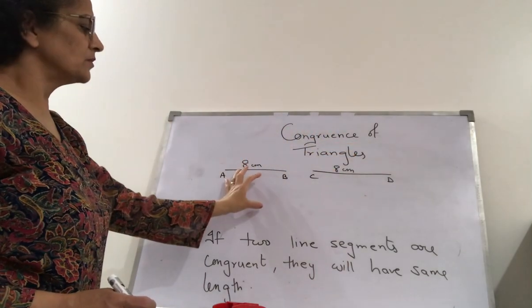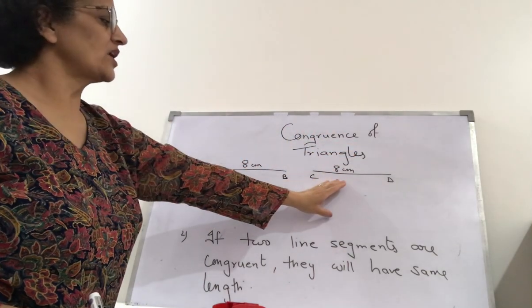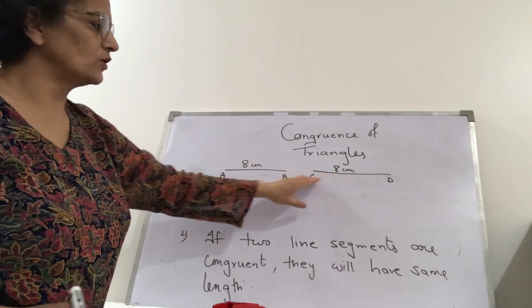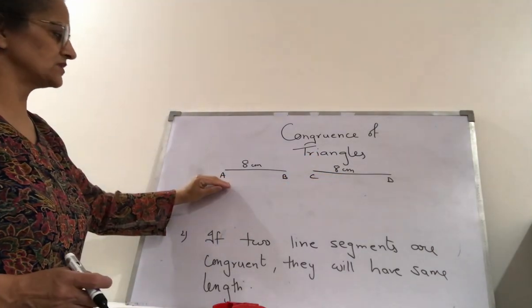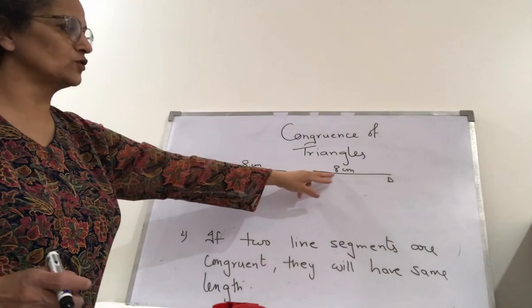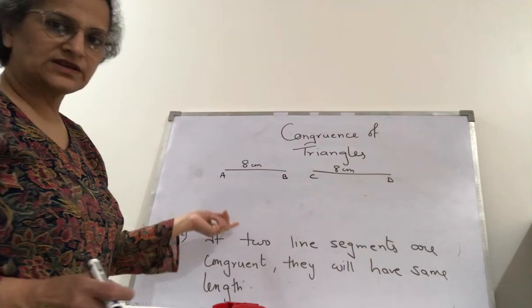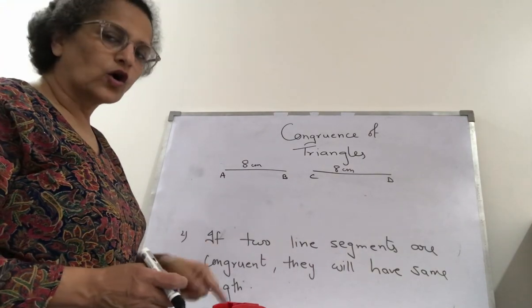When I check, the length is 8 centimeter and 8 centimeter, it will fully cover CD. So in this case the length was given to you, and what do we understand when the length is given? That these line segments will be congruent.